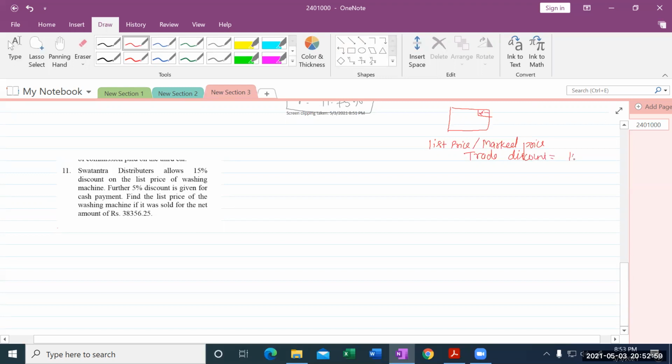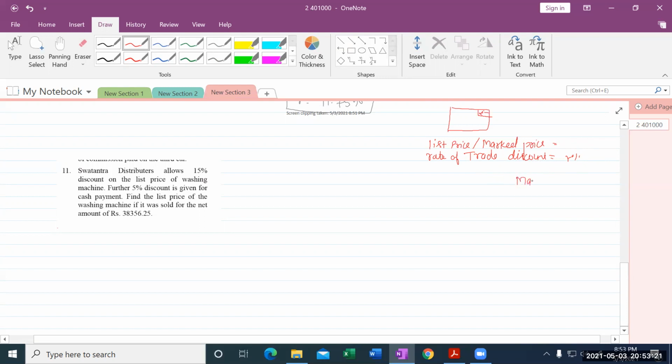And it is in percentage. Whatever amount we have, it will be that percent. Suppose the rate of trade discount here I am taking as R%. So list price is given, I will calculate the R%, then I will subtract, because it is discount. Definitely the value will get subtracted.